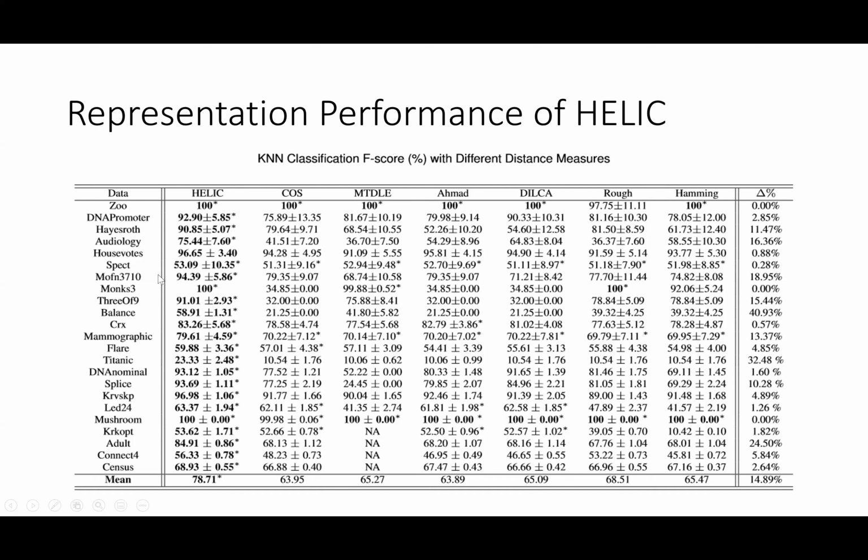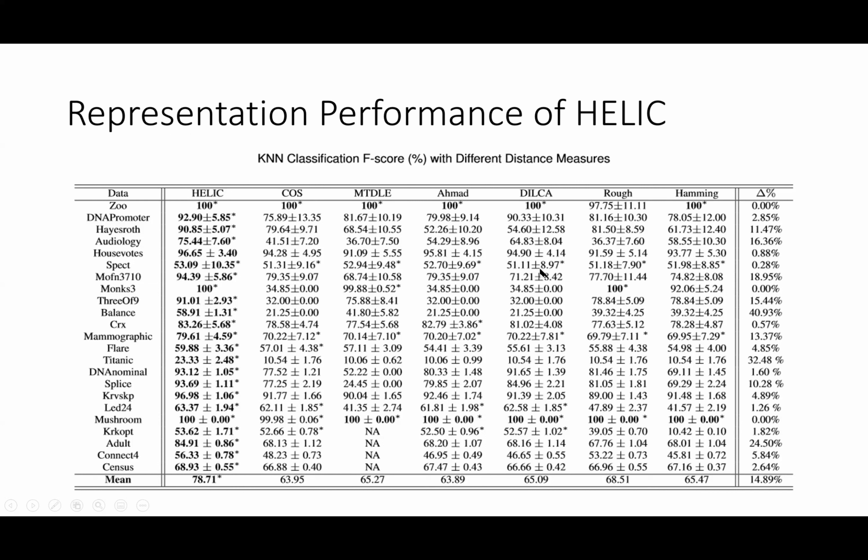You can see here some of the data are quite simple, like this one, right? But some of the data got almost 100% accuracy, like mushroom, right? But for other data, all distance measures actually suffer, and some of them suffer a lot.